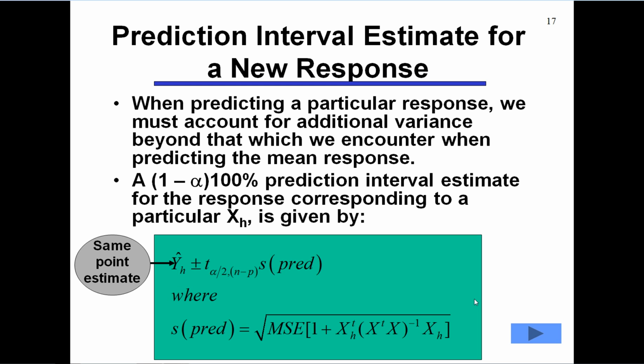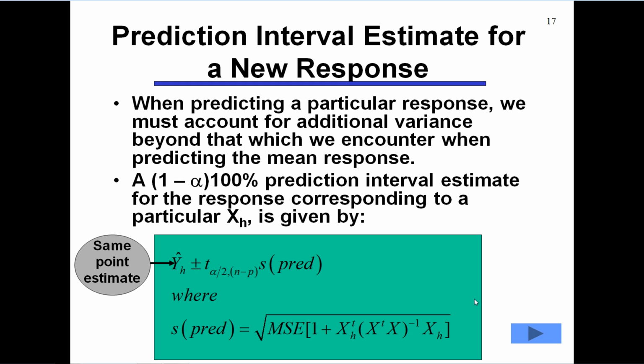And so to build a prediction interval for a particular family having size 4, debt of $4,000, and living in location 1, we have more noise to contend with. We have more variability to contend with.